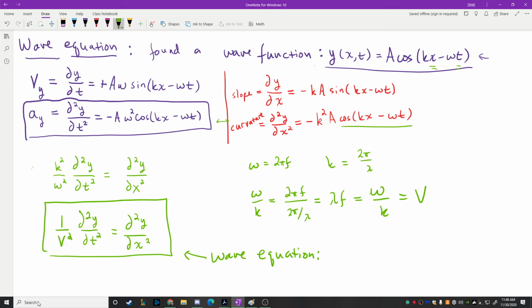So the wave equation says that basically any function that satisfies that equation.